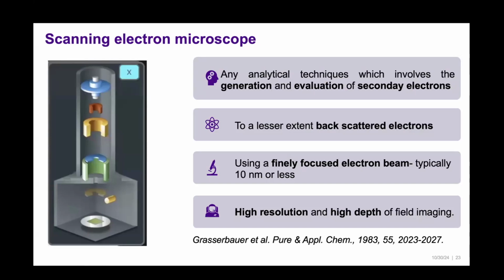It uses a very finely focused electron beam, which is about a few nanometers or tens of nanometers. And what we get is a high resolution image and high depth of field image. It can mislead like a 3D image, but not really, because it's still surface, but the depth of field is high. Any questions? Is it clear?